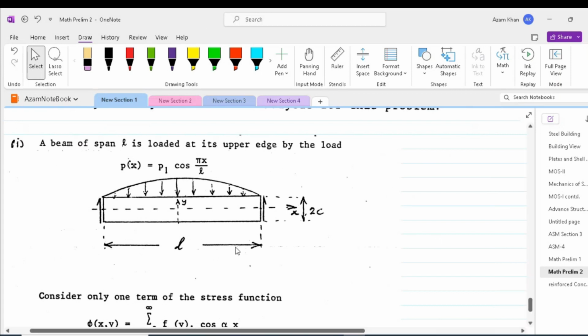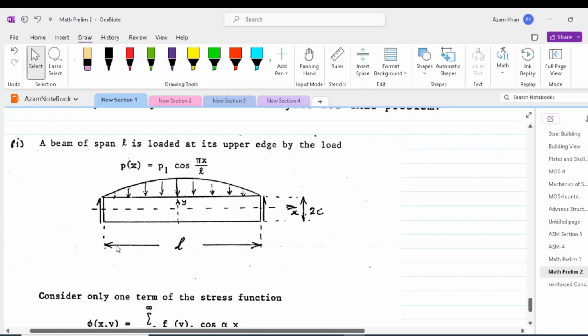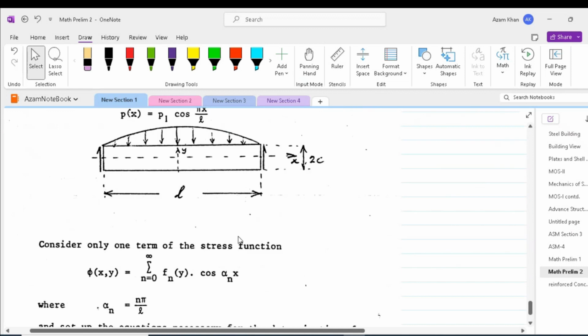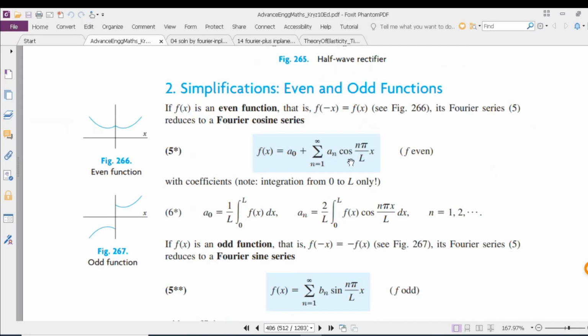In a similar manner, we can have a beam which has got a cosine load. So this is also a similar problem to this one. Instead of a continuous sine wave, now we have a single cosine wave having a period 0 till L. Surely this can be solved using the cosine Fourier series.